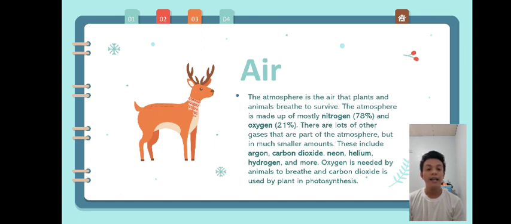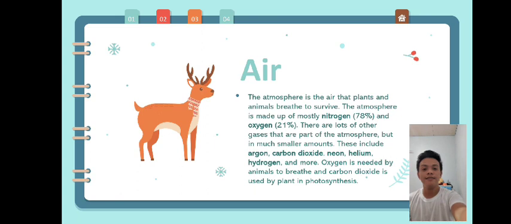And also, kailangan din ng mga plant yung tinatawag natin na photosynthesis na nanggagaling sa sun. So, the more na mas malakas ang greenhouse effect, mas magiging balance ang temperature dito sa planet Earth. And mas magiging maganda ang forms of life dito sa planet Earth.